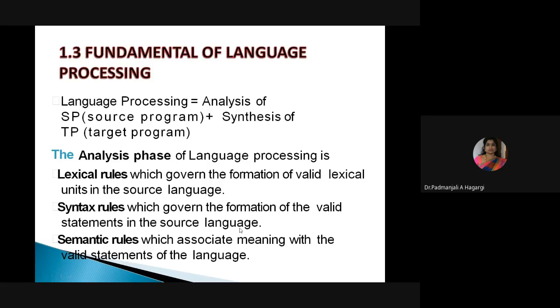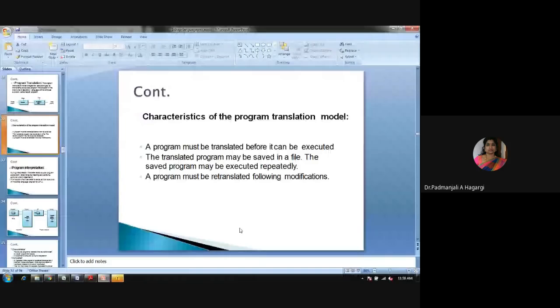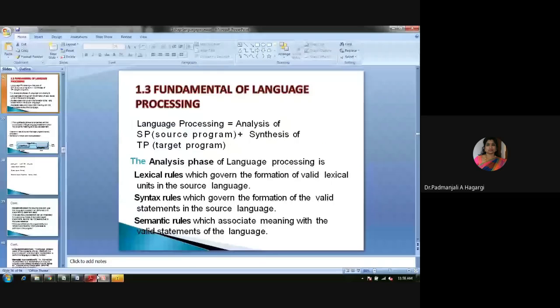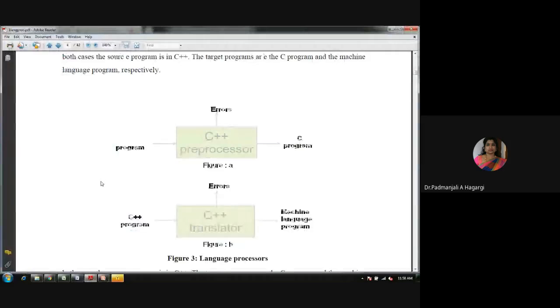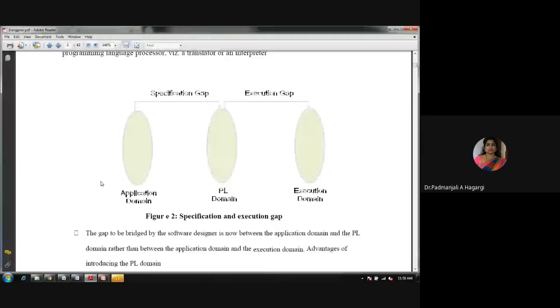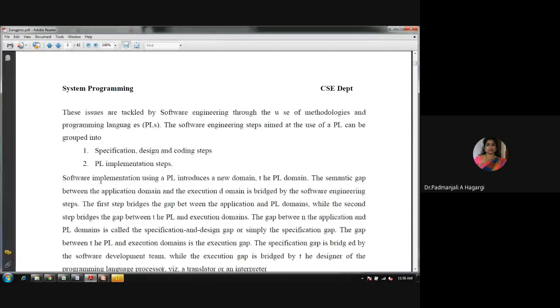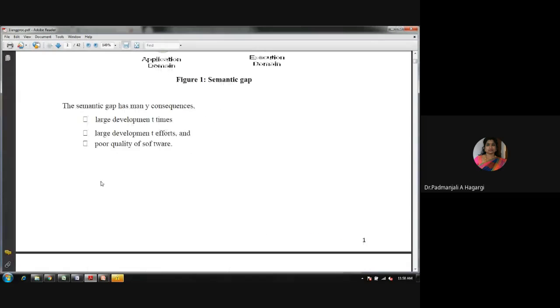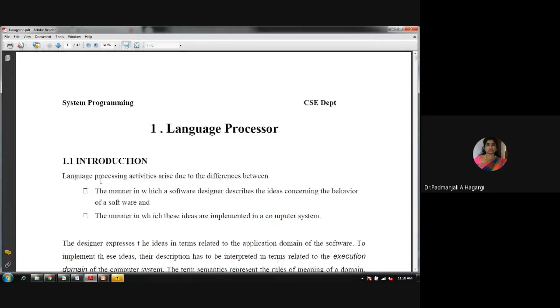So I have come to the fundamentals of language processing. Once again, I will show you the PDF file of what I have taught, point-wise. You can see right from the beginning, the language processor begins with the introduction.